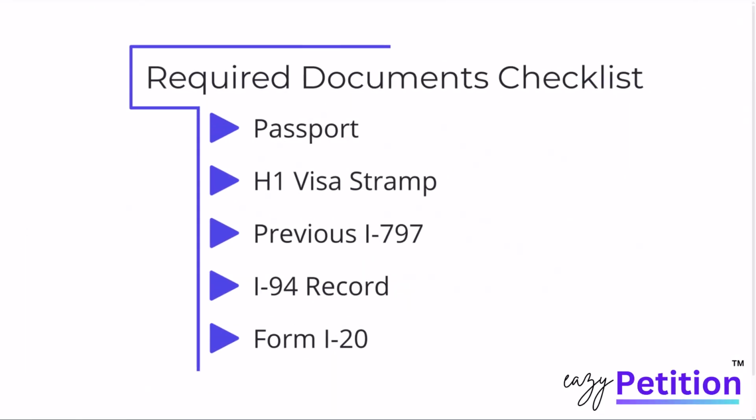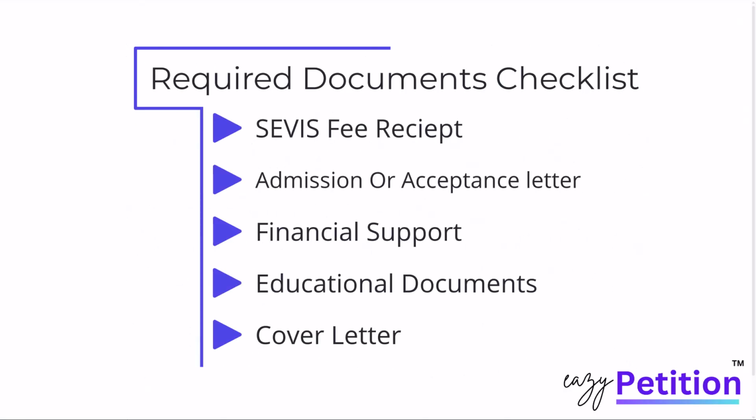Before we begin, make sure you have the following documents ready: your passport, current H1 visa stamp, any previous I-797, I-94 record, Form I-20, service fee receipt, school admission or acceptance letter, proof of financial support, educational documents, and a personal statement or explanation describing the purpose of your change of status and any additional supporting documents relevant to your application.